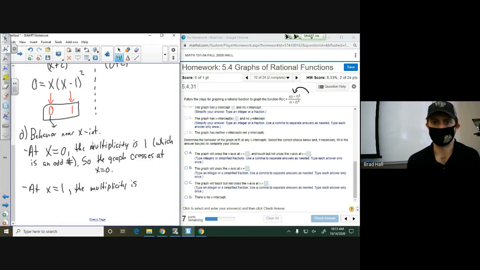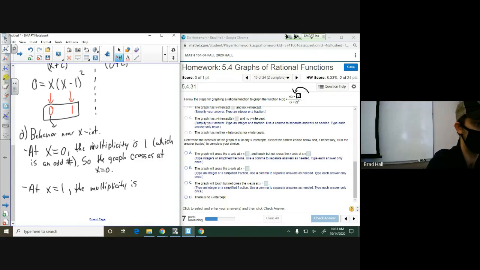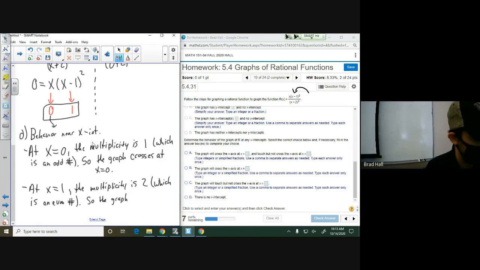What is the exponent of that factor? It's 2, the 2 right here. And 2 is an even number. So the graph touches at x is equal to 1.